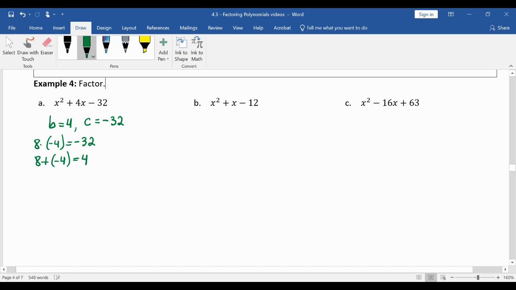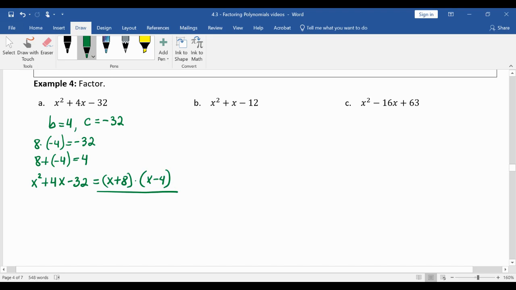So the two integers we're looking for are 8 and negative 4. So the factored form of x squared plus 4x minus 32 is x plus 8 times x minus 4.